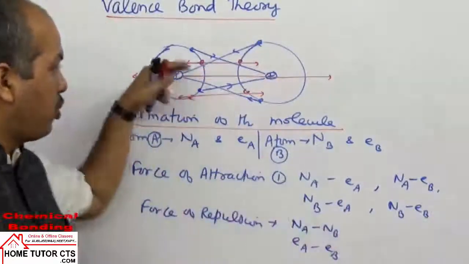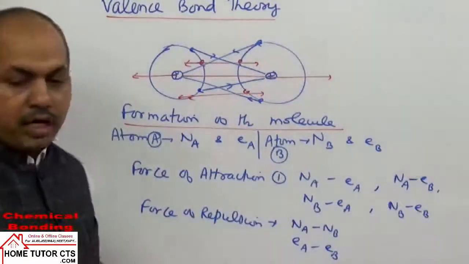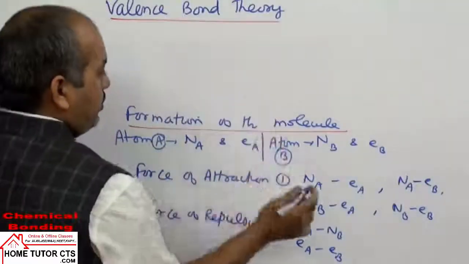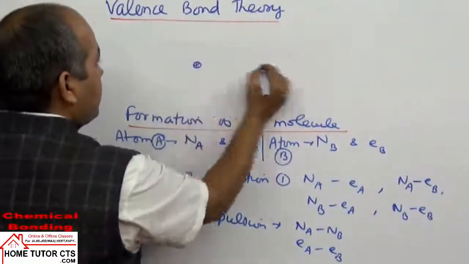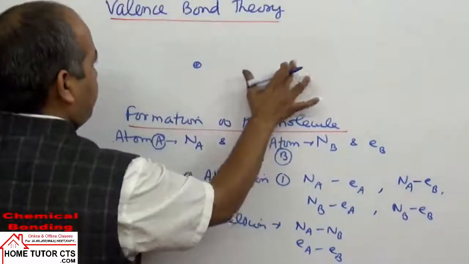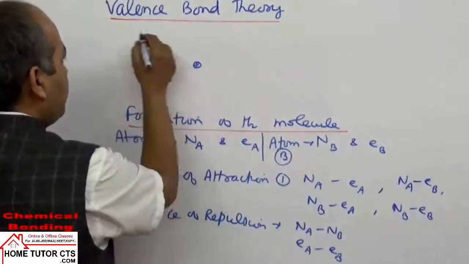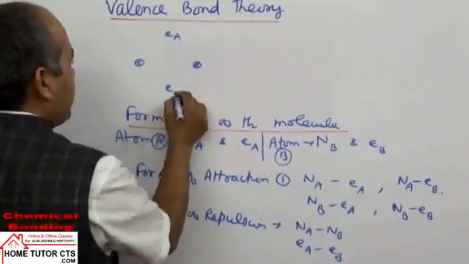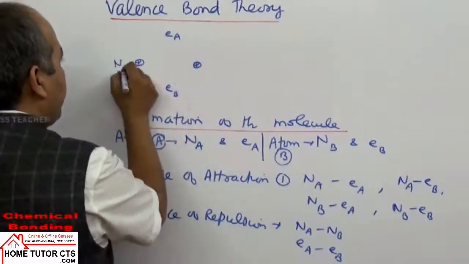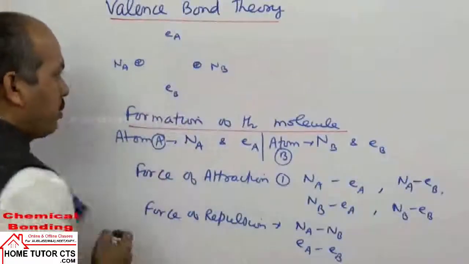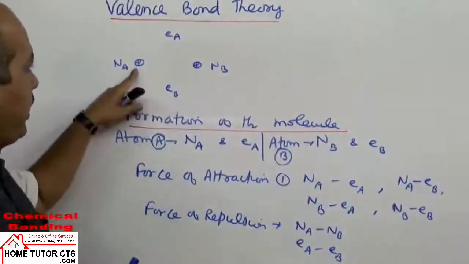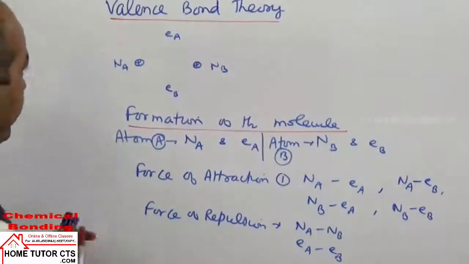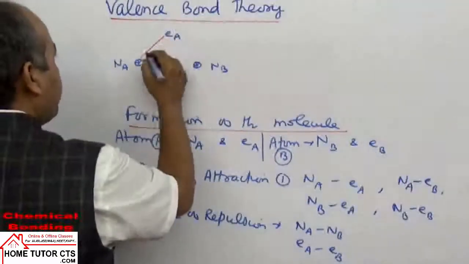This can be explained if I draw diagrammatically the hydrogen atom electron cloud. If we draw these interaction forces in the atoms, we take one nucleus, second nucleus, electron A, electron B, nucleus A, nucleus B. Two atoms are there: nucleus A, electron A, nucleus of atom B, electron of atom B. Now they can have attraction force here to here.